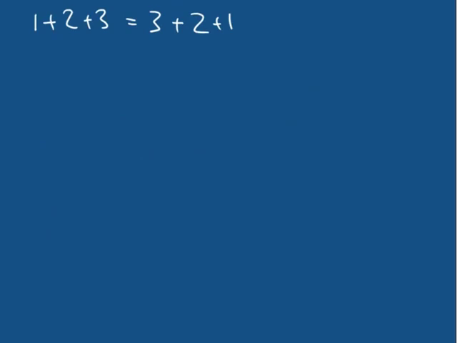Yes, it's a very basic example. Yes, it may seem a little bit redundant, but the underlying concept is actually very important. We have completely rearranged the equation on the left to get an equation on the right, and because we have used these two laws, we know the result is the same. And that's the basis of manipulating algebraic expressions, something that we're going to look at in depth in the next video.